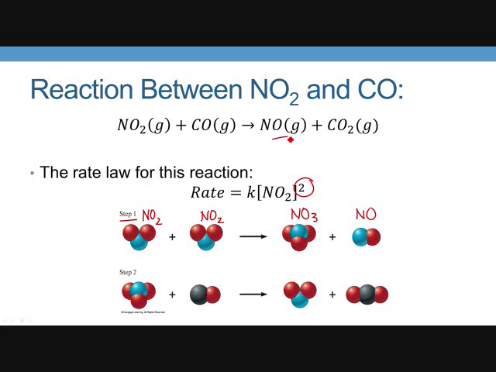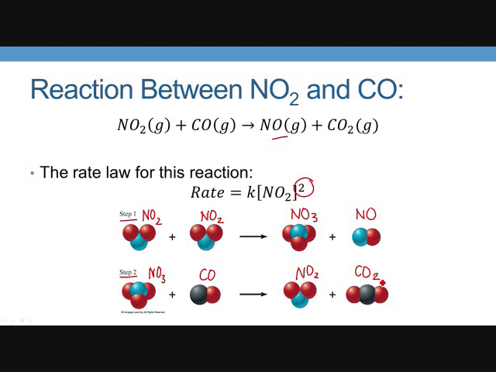Then step 2 has the NO3, that we don't need in the equation, react with the carbon monoxide, which was the other reactant, and that forms some more NO2 and then the carbon dioxide.